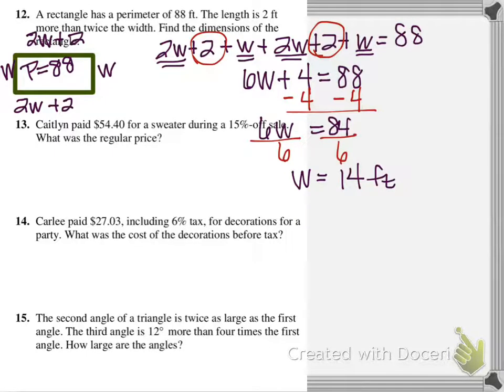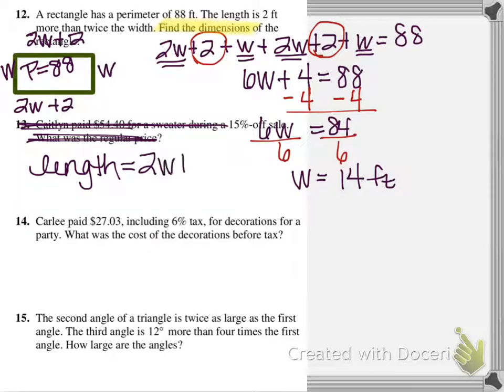So now go back and make sure that you reread the problem to make sure that we answered what we needed to answer. So it says find the dimensions of the rectangle. So I only found one so far. So the width is 14 feet. Well, the length equals 2 times the width plus 2.